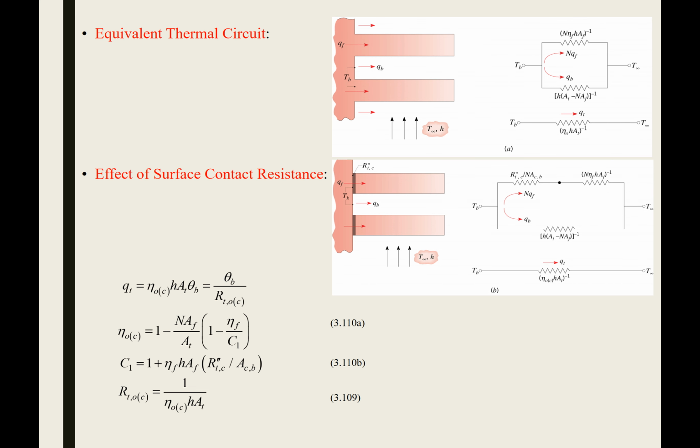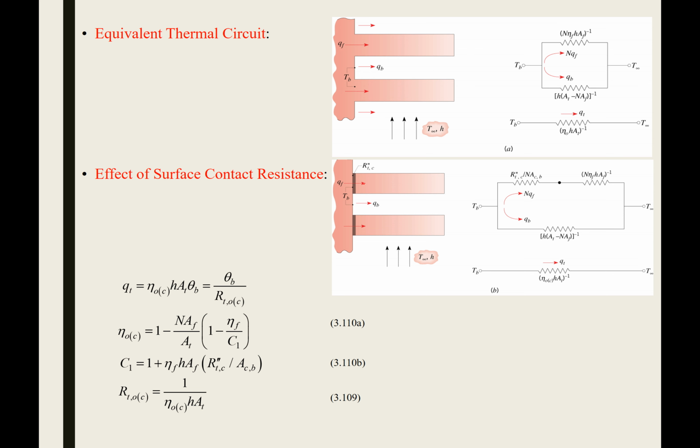So when we're dealing with fins, this idea of a thermal circuit can also apply, where you're going to have some amount of heat transfer going through the fin, that Q sub F, and then some of the heat transfer going through the base. I'm not particularly concerned about this kind of stuff. You could also factor in a contact resistance.